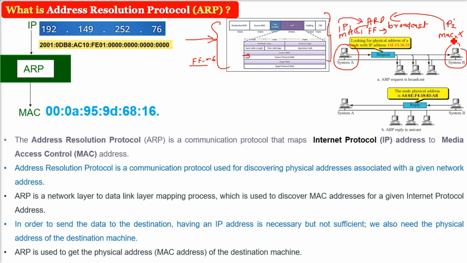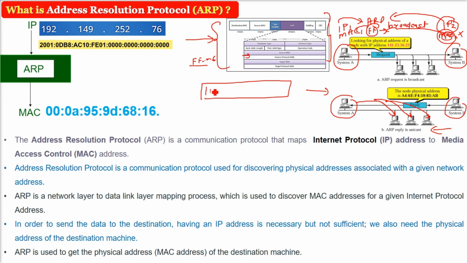But when the system gets that ARP, it will say, oh, he is talking about my IP. So it will put its MAC in the ARP reply. System A will send it to everyone, broadcast. But system B, when it understands that it is my IP you are talking about, and my MAC you want, it will reply with its own IP, its own MAC, and the other IP and other MAC.